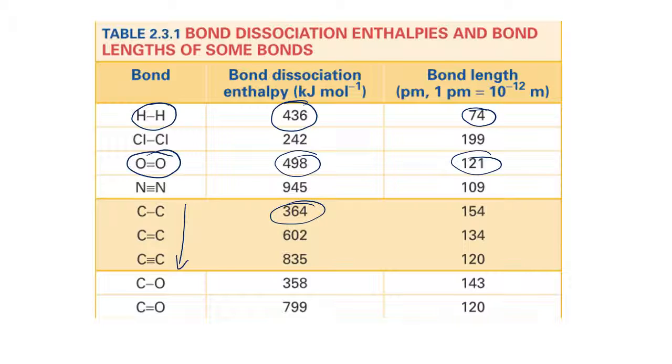Carbon-carbon double bonds are about twice as much as that, and carbon triple bonds are about 3 times as much as a carbon single bond. And you'll see the bond length decreases as you go down, whereas the energy required to break goes up as you go down.